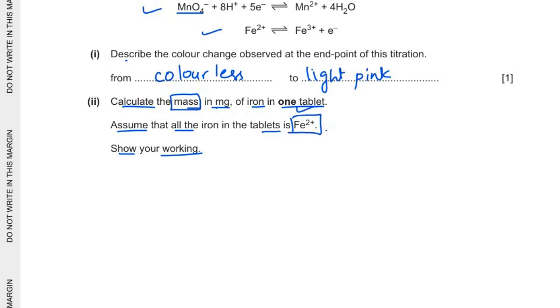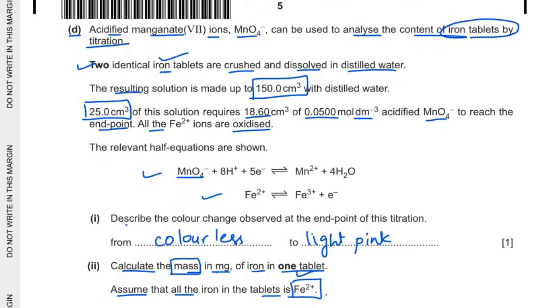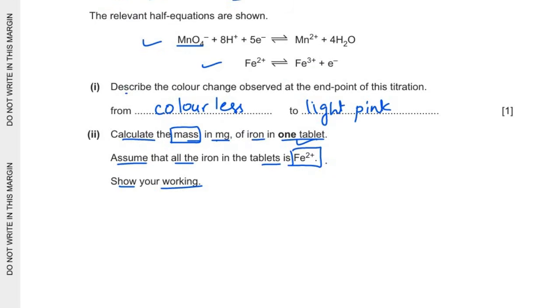Now understand, 1 tablet. Why? Because we have used 2 tablets to make the solution. So okay, starting with what we have got: we have got the volume and concentration of manganate ions, so we can calculate the moles of manganate ions, MnO4 minus, that is concentration times volume.